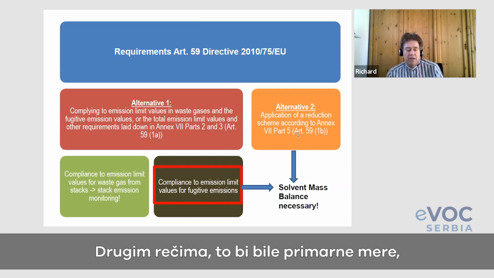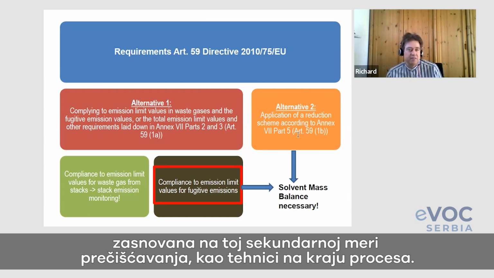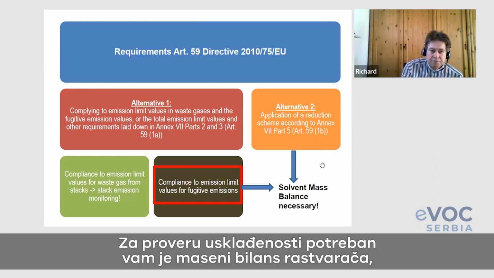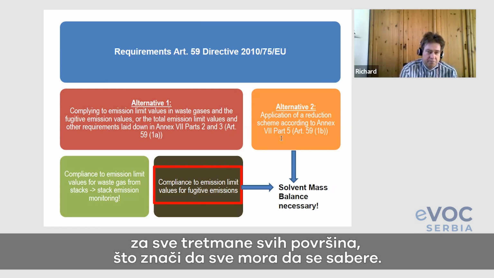In other words, that is what we call primary measures, and the other alternative is the use of a waste gas abatement. So that is the secondary end of pipe techniques. For the compliance check, you need a solvent mass balance for the emission limit values and for the reduction scheme.